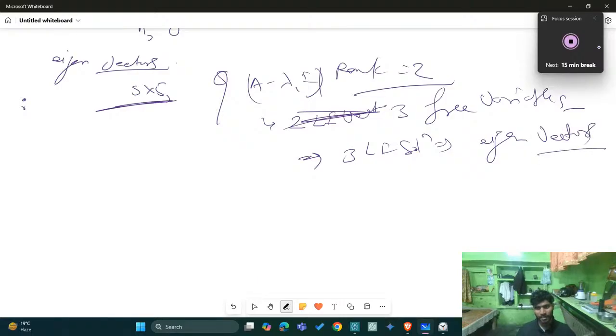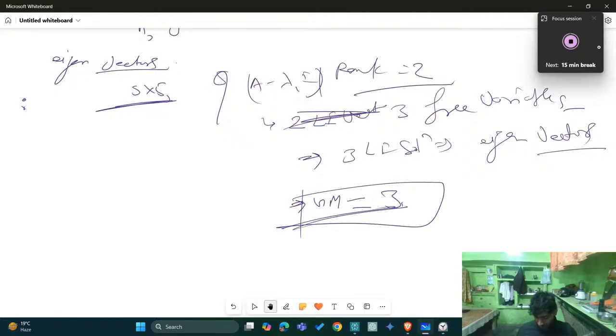Three linearly independent eigenvectors. Is this true? So it has a geometric multiplicity of 3. This is true.